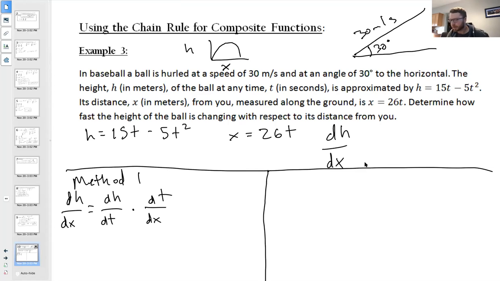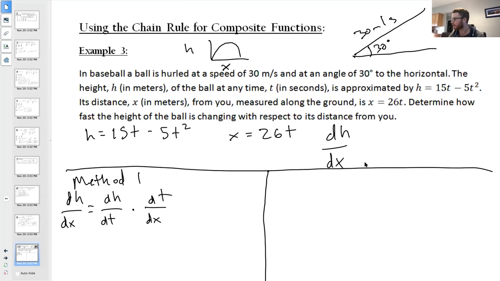So, Mr. Jones, how do you know where to put the different variables? Yes, really good question. So in this question in particular, it's just asking how fast is the ball changing with respect to its distance. Okay, so today I really tried to emphasize the derivative of h with respect to t, leading up to this question.